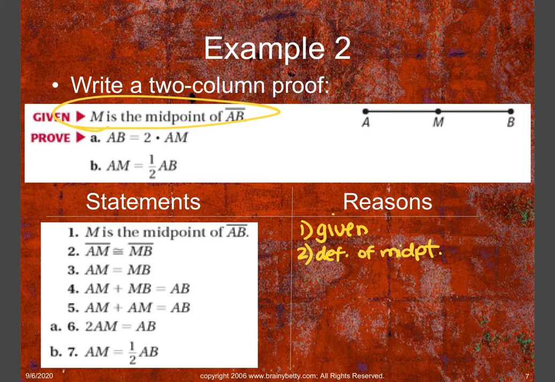Wait, I have a question. It says equal, but then there's a line on top. That's just congruent. Remember, those are interchangeable. Congruent and equals are completely interchangeable. All right, the third step says AM equals MB, and we've now gone from congruent to equals.